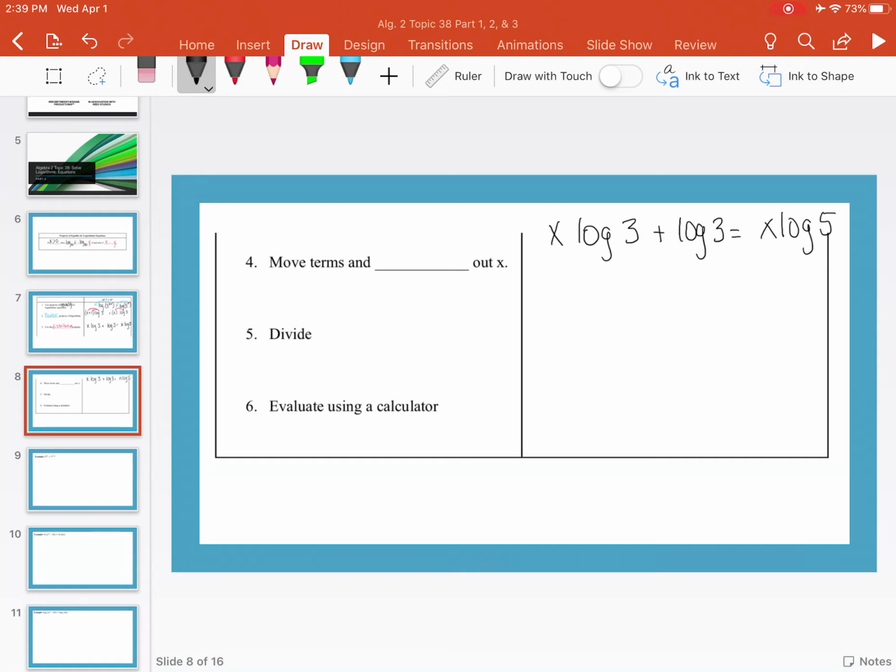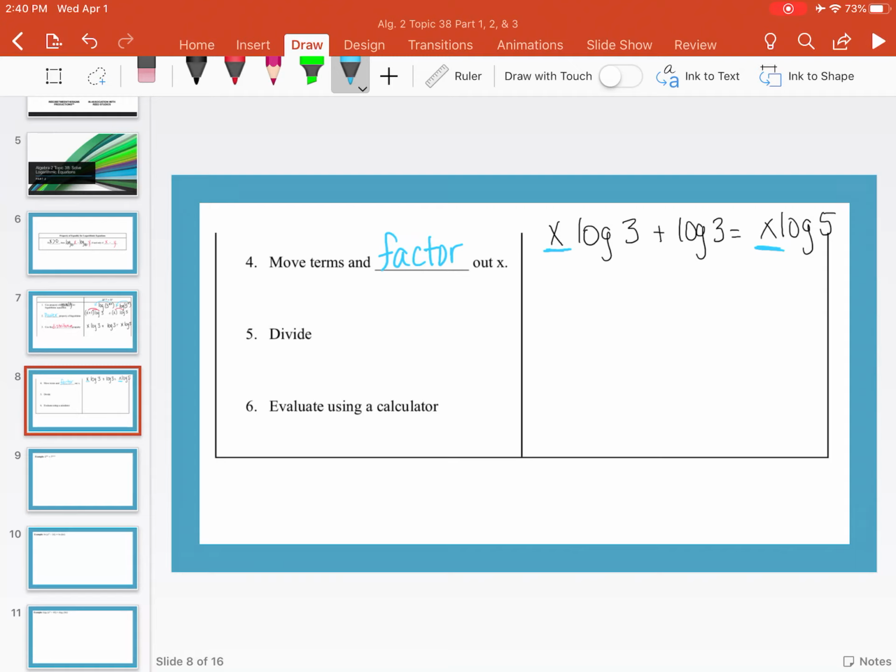Now what we want to do here is move the term so that we are able to factor out our x. So notice, because we want to solve for x, we have an x over here and an x over here.